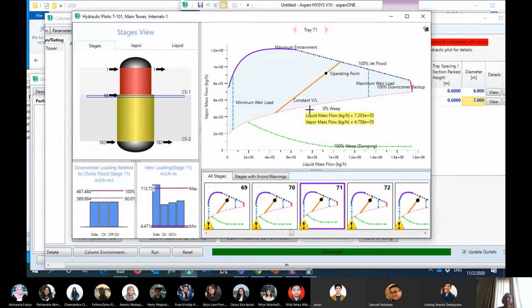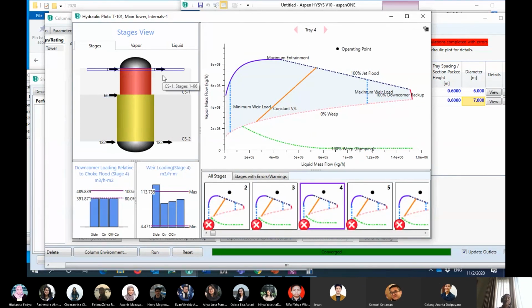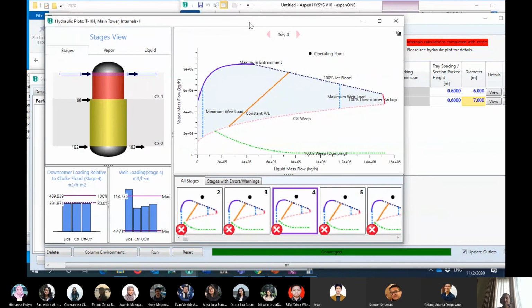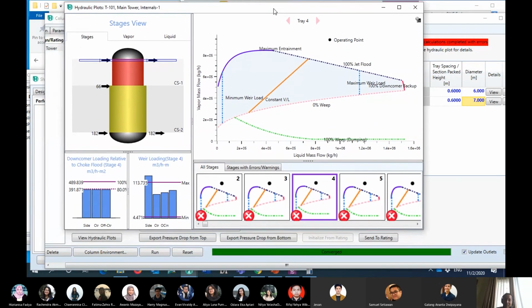So it can be operated because it's already inside the safe operation window. So actually we have a problem with the enrichment section. How do we move this operating point inside the good operation window? One way is by increasing the size of the diameter.